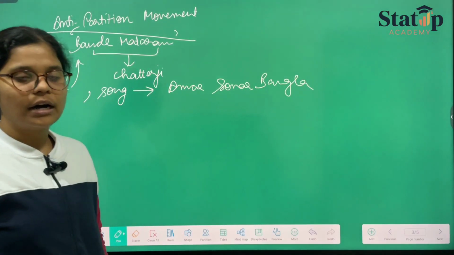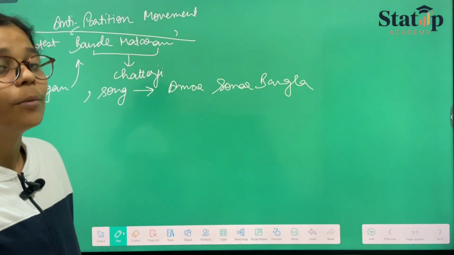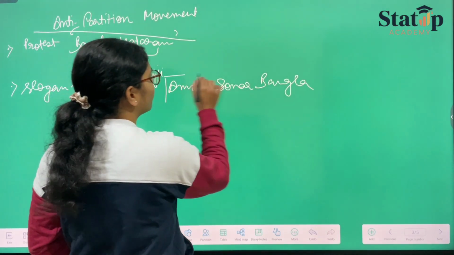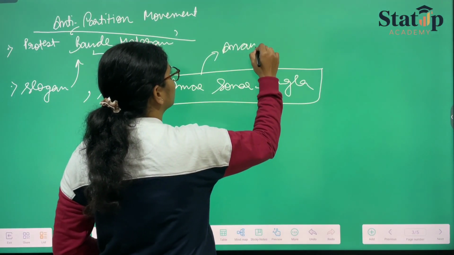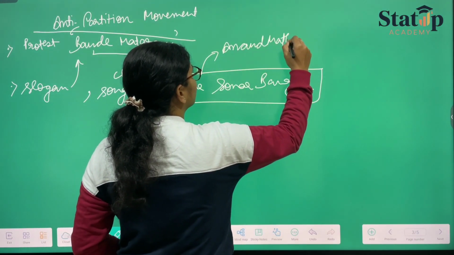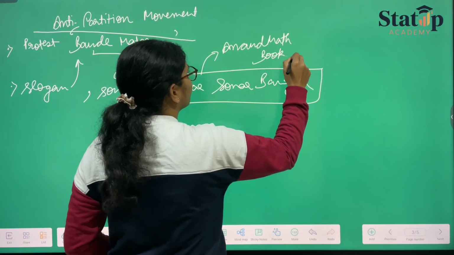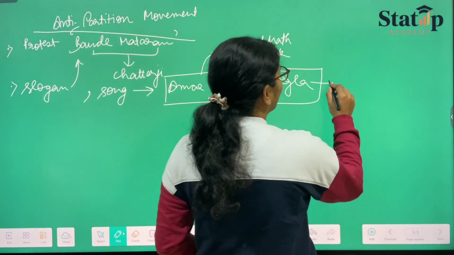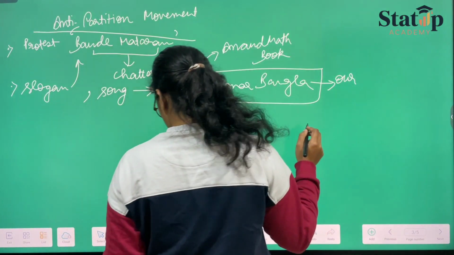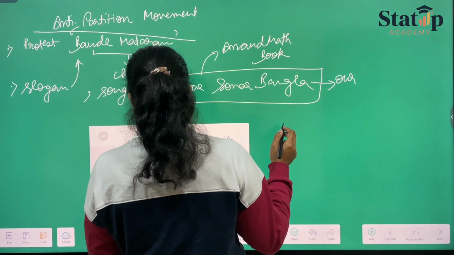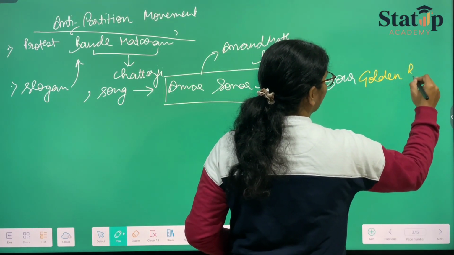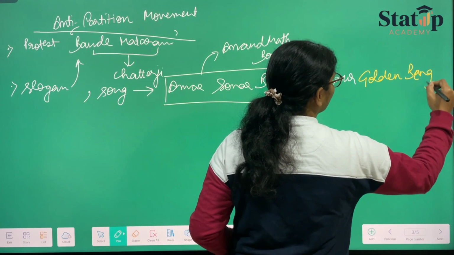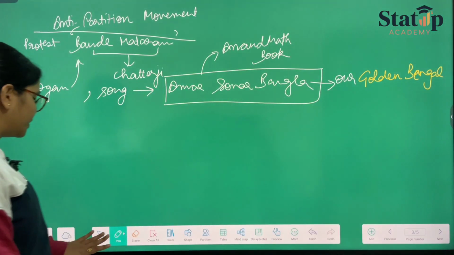Amar Sonar Bangla is basically a song from the Anand Mat book. You can refer to the Anand Mat book. All right, it means our golden Bengal, in simple terms.